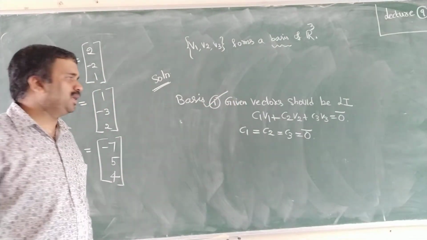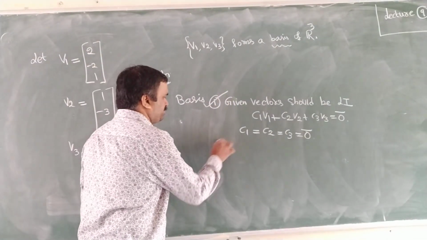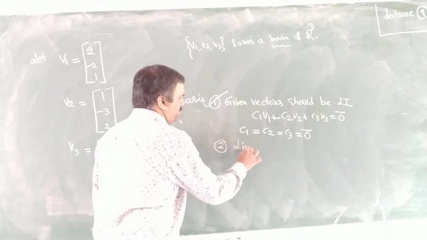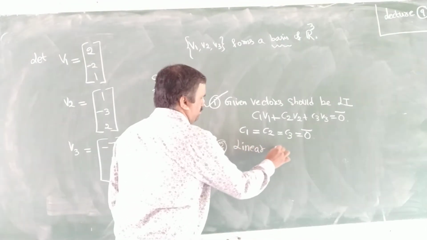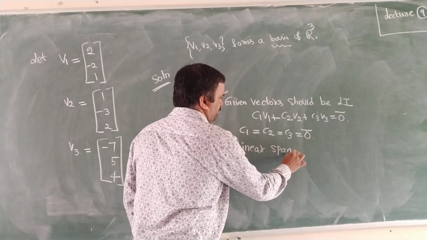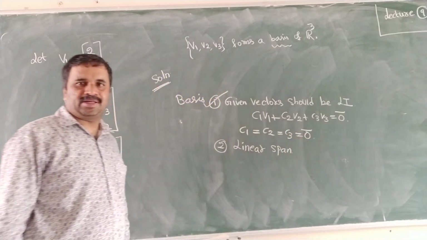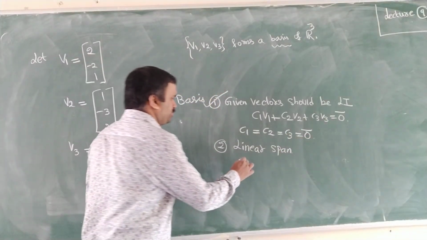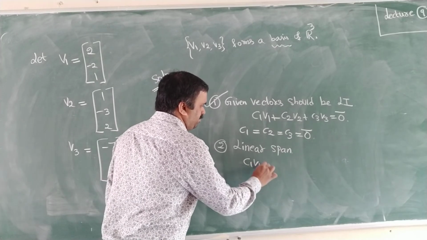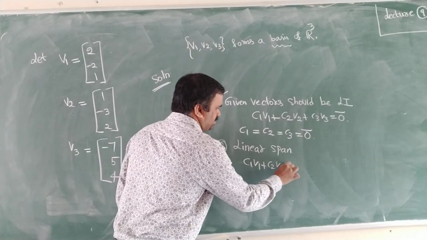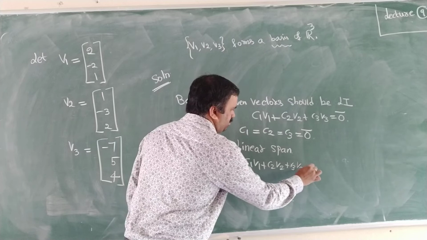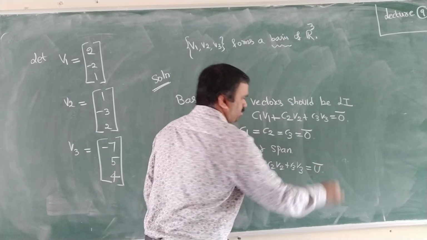Second condition, I have to prove linear span. That is nothing but we have to prove C1 V1 plus C2 V2 plus C3 V3 equal to u bar.